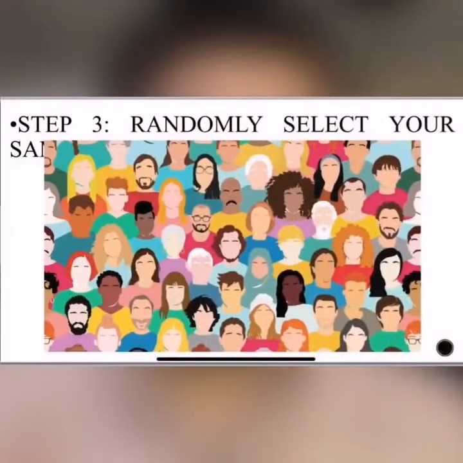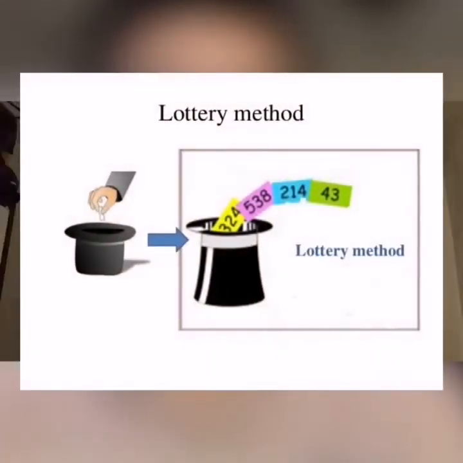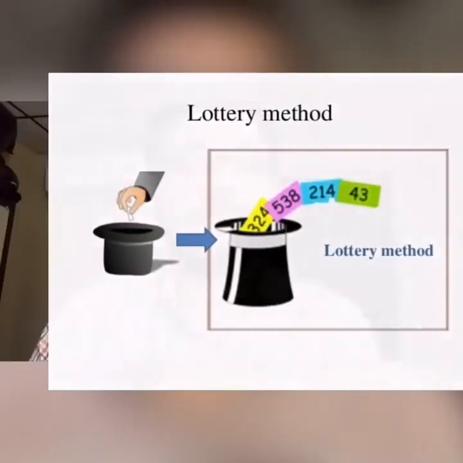Step number 3, you have to randomly select your sample, of course. This can be done in 2 ways, as my partner mentioned: the lottery or the random number method. In the lottery method, you choose the sample at random just by drawing, for example, from a hat, or by using a computer program that will simulate the same action.